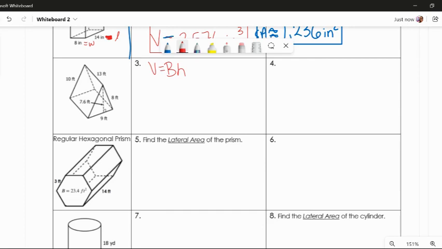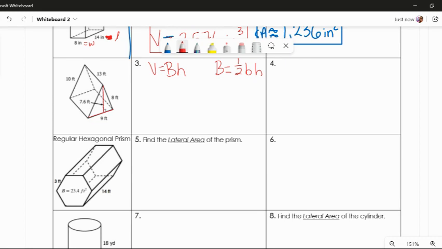They give us all the different parts, but they don't give us the area of the base. So we're going to need to find the area of the base, and the area of a triangle is just 1/2 base times height. Now notice this base is a lowercase base. If I look at my triangle here, the height has to drop perpendicular to the base of the triangle. Now we're only talking about the triangle, we're not talking about the whole prism.